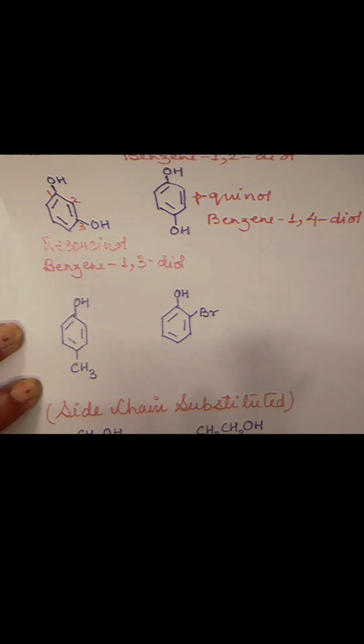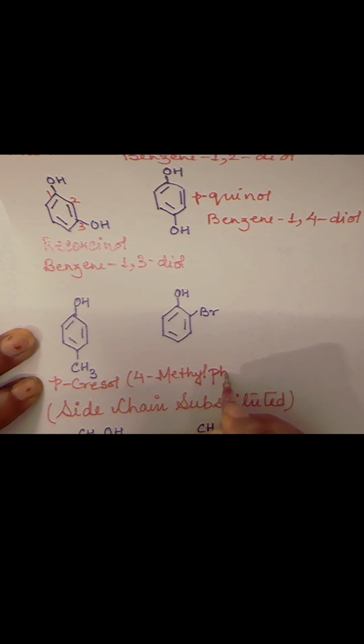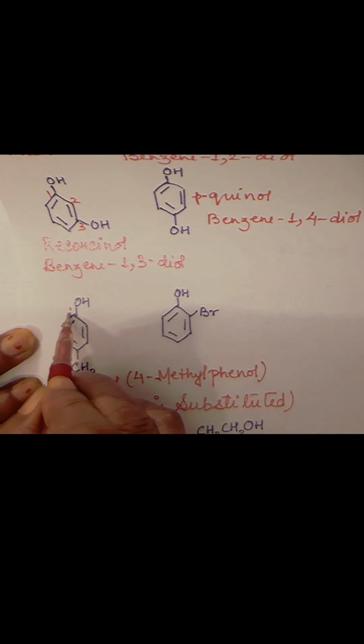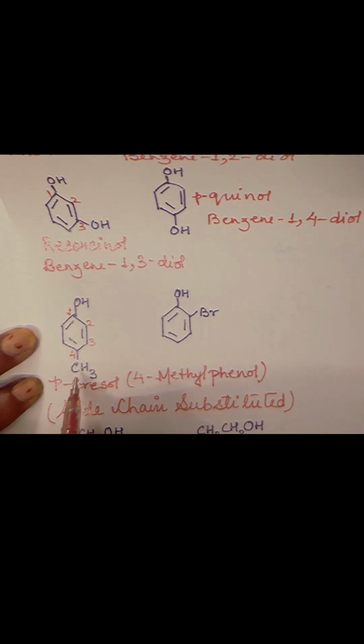Now moving further, if I have a structure like this, what would I name it? The common name is p-cresol. But in the IUPAC system, counting 1, 2, 3, 4, the fourth position has a methyl, so it is 4-methylphenol.